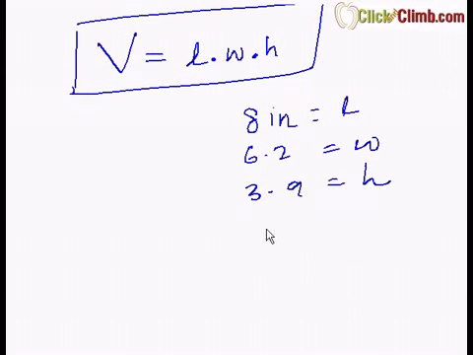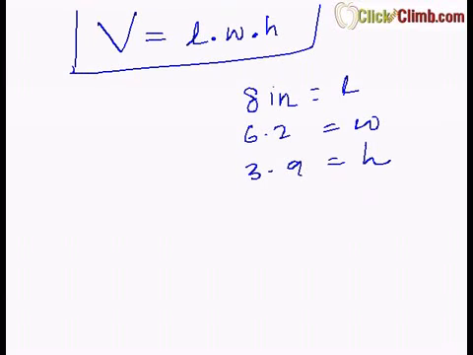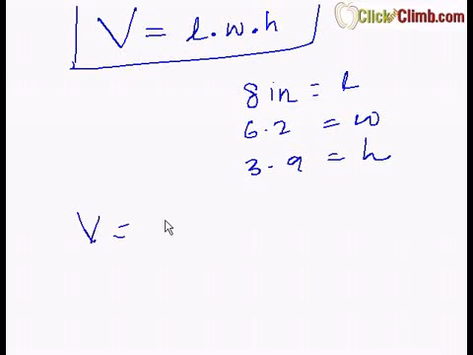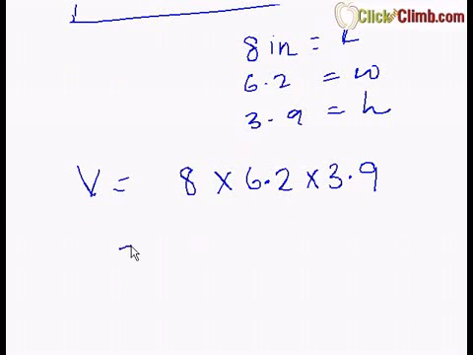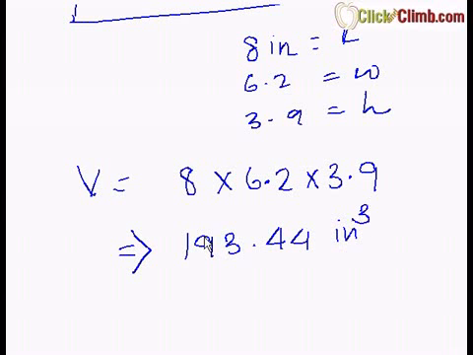Now these are the dimensions we are given. Now how will you find the volume? Just put these in the formula. 8, that is the length, 6.2, that is the width, and 3.9, the height is given. Alright, so we just multiply all these things, and when we multiply, we will get 193.44, and that will be inches cubed.